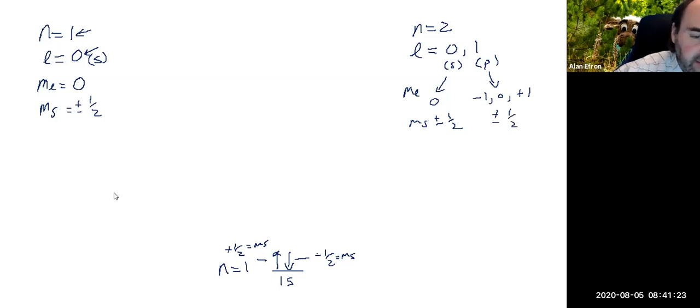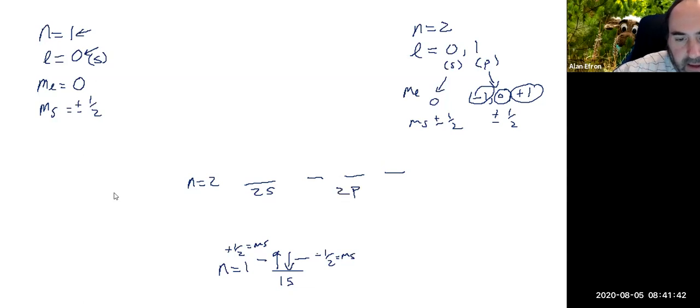What that tells us is when we go to our second energy level, we also see a 0, which means there is an s orbital there. We also see a p orbital, represented by the 1. And for the p, we see 1, 2, and 3 different p orbitals. This is really the px, py, and pz orbital. Again, minus 1, 0, plus 1 for our M sub L going across there.